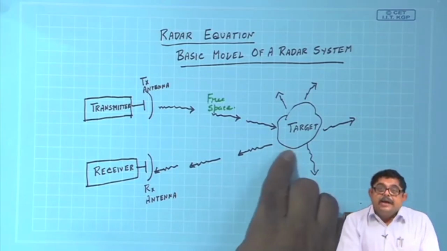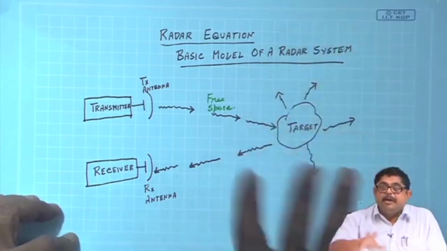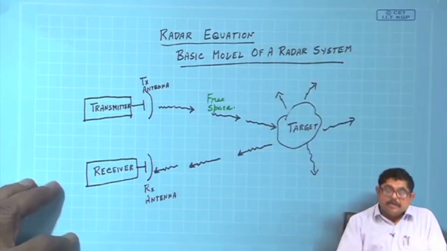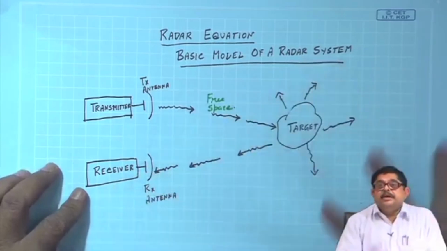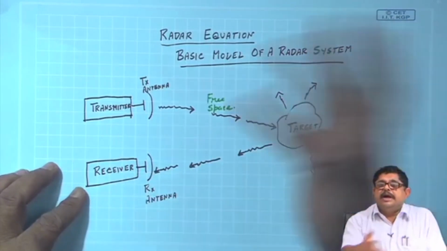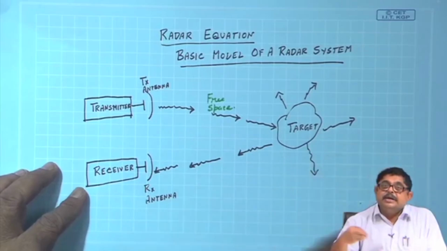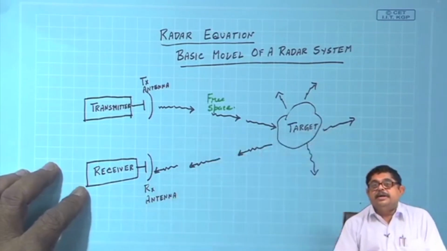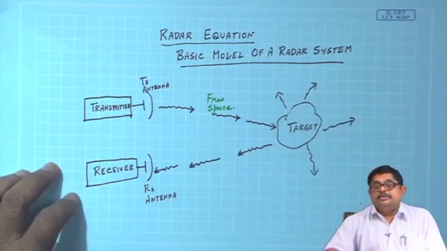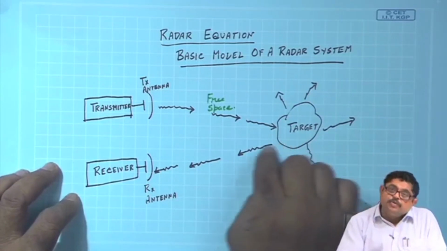That scattered energy is now coming back. It also goes in other directions, but depending on the target, some reaches the receiver. The target also has some gain; it is not radiating isotropically. Depending on its shape, size and material parameters, in some angular directions more energy is scattered compared to others.